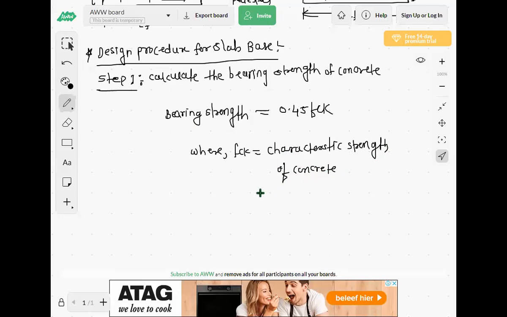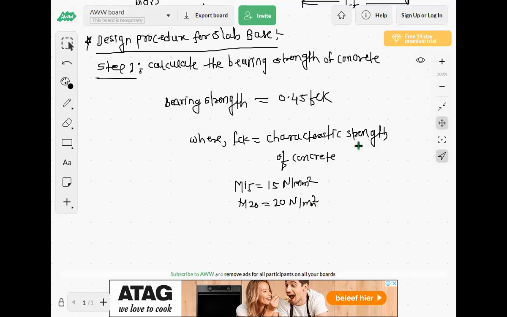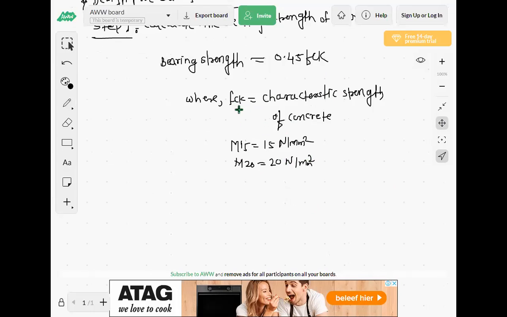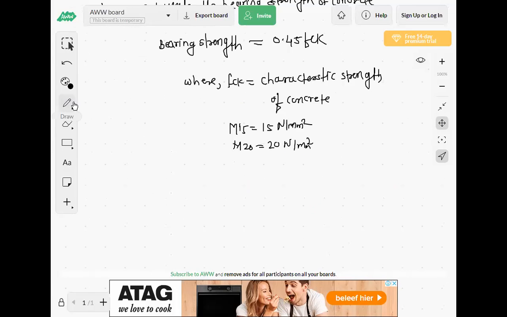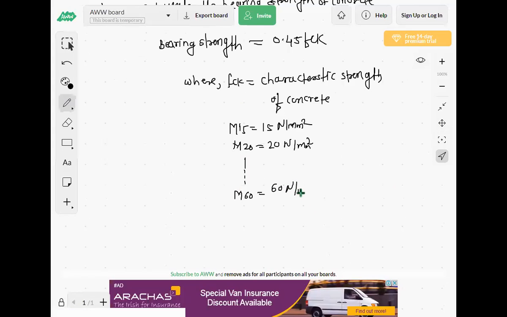It depends on the grade of concrete. For M15 grade concrete it is 15 Newton per mm square. For M20 concrete it is 20 Newton per mm square. Like this, for M40, M60, for M60 it will be 60 Newton per mm square.